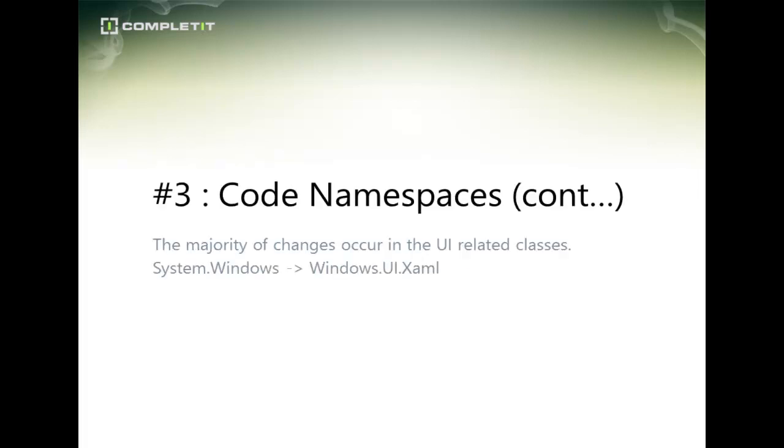The next thing to note here is actually code namespaces. The majority of the changes that I have found are in the UI related classes. The best thing that I tell everybody who's trying to get a grasp on this is that when you're thinking of System.Windows, now begin to think of Windows.UI.Xaml.